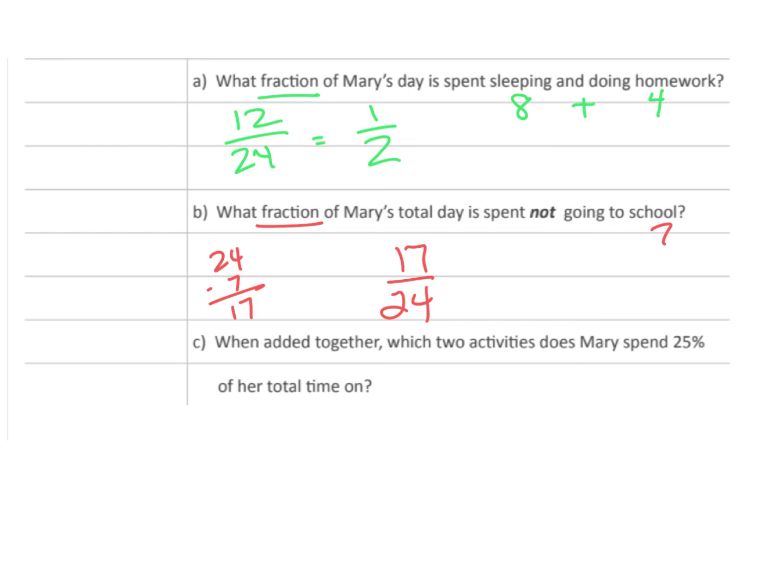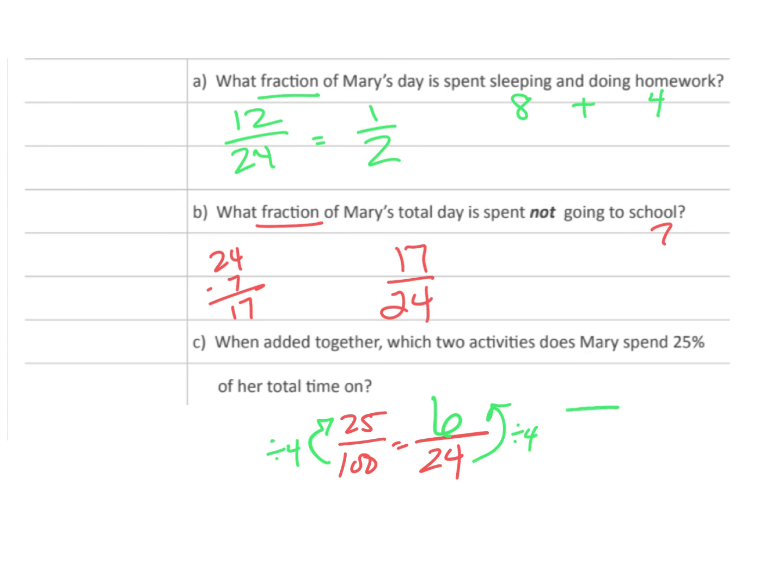So now here's a good one. When added together, which two activities does Mary spend 25% of her total time on? So 25% is 25 out of 100, and I want to know how many hours that is out of the 24. So I'm going to take 100 and divide it by 4, that gives me the 25. So 24 divided by 4 gives me 6.